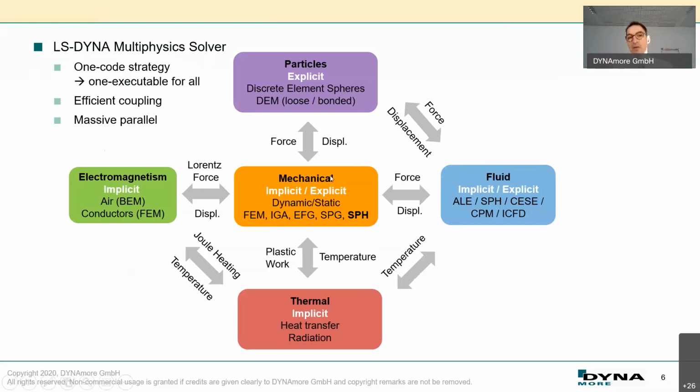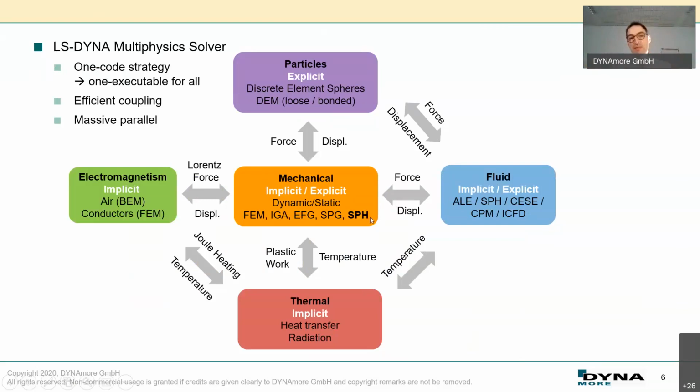So even if you just stick to the mechanical solver, you can couple finite elements with SPH, or finite elements with EFG, and so on. You can couple mechanics to fluid mechanics. Say you have a structure which is deforming, and the change of geometry changes the fluid flow, which changes the pressure fields, which again changes the load on the structure, which again changes the deformation.